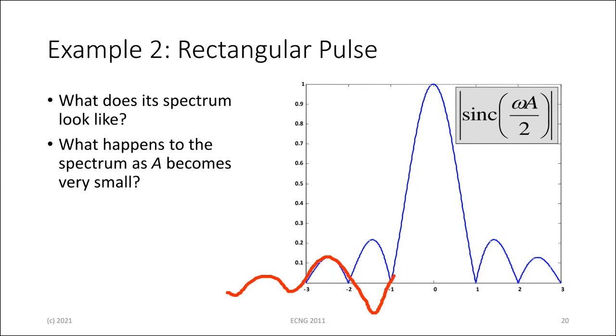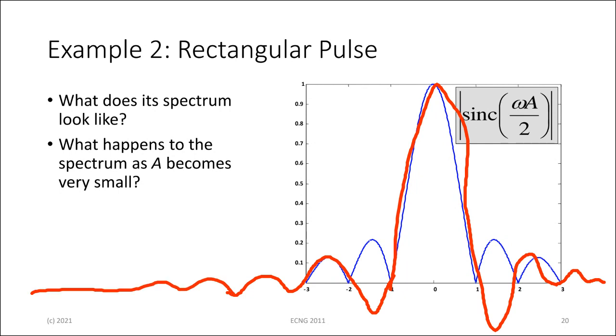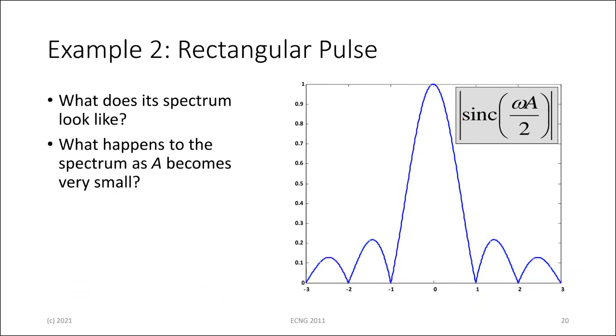It goes on, in theory, for a long time. So the magnitude of it is what we're showing here in blue. So this is the magnitude of the function. Let me just clear that mess a little bit.